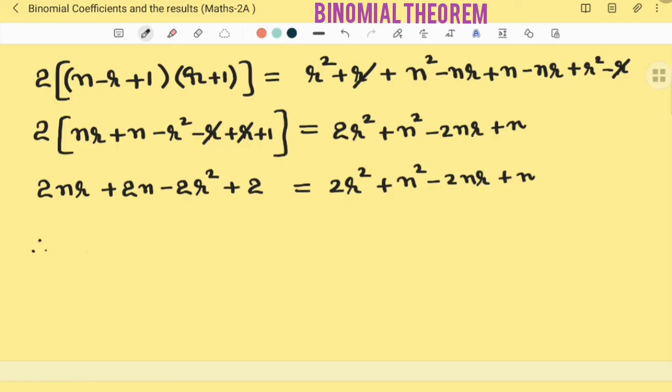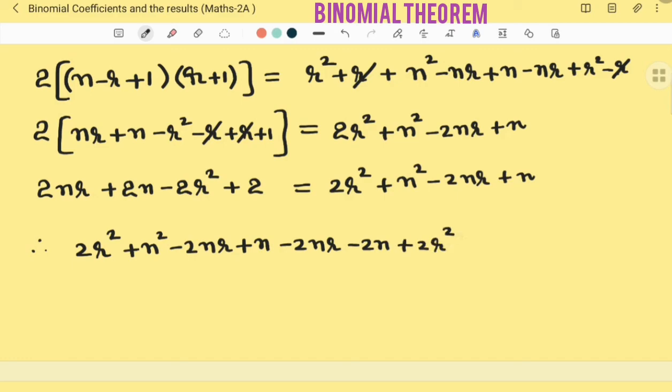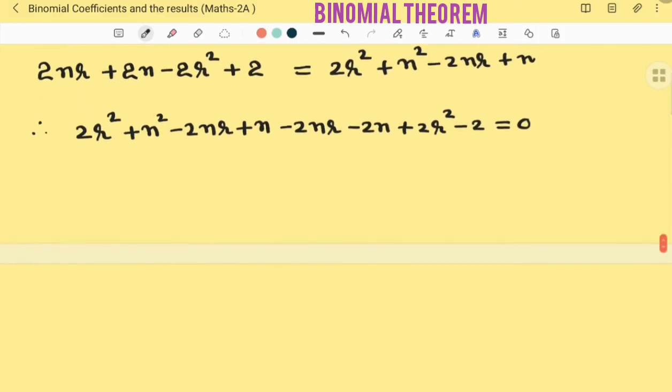Therefore, 2r square plus n square minus 2nr plus n minus 2nr minus 2n plus 2r square minus 2 equal to 0. After that, according to the question, they are asking to prove, first term as n square. So first here also you write n square. Next, minus 2nr minus 2nr, minus 4nr.